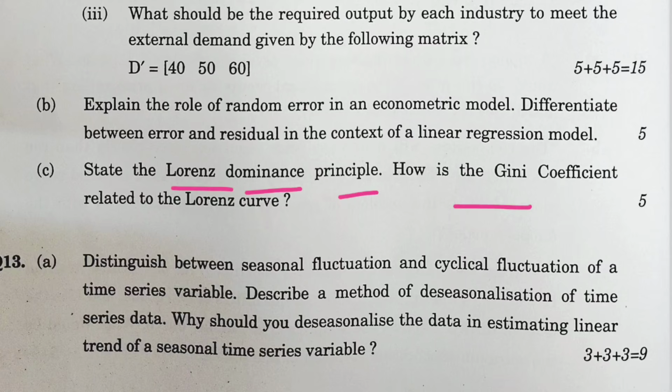How is the Gini coefficient related to Lorenz curve? So Lorenz dominance principle states that one income distribution Lorenz curve dominates another if it lies above the other curve for all the points on the graph, indicating a more equitable distribution of income.